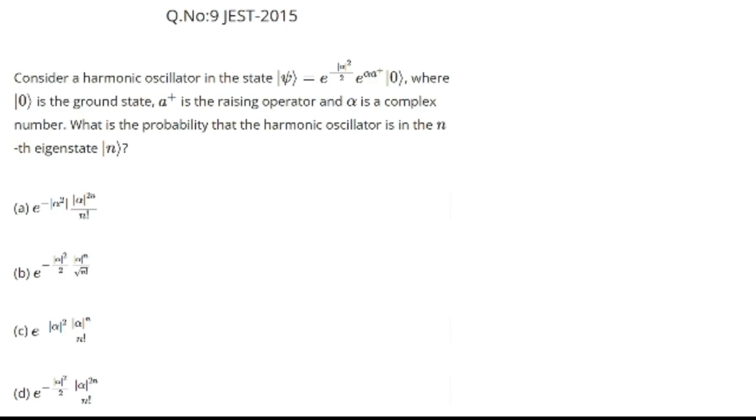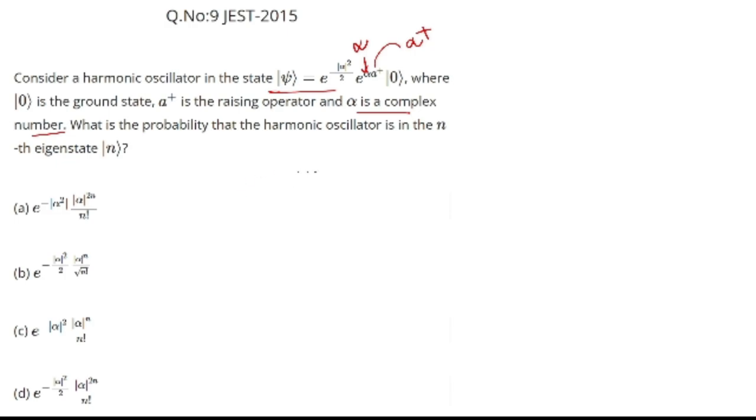Next one. For a harmonic oscillator, the wave function is given, and here alpha is a constant. This is alpha, and this is A dagger, the raising operator. So alpha is a complex number, no problem. So what is the probability that the harmonic oscillator is in the n state?